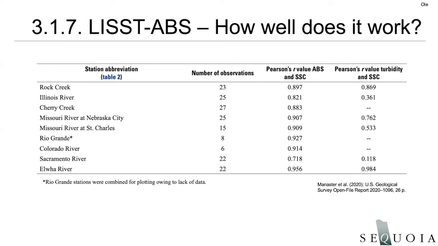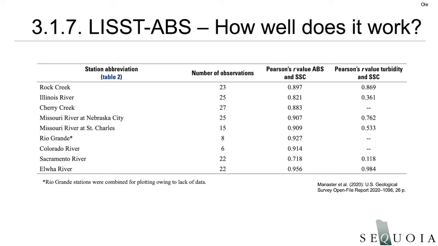And then correlation coefficients were computed between the ABS and the suspended sediment concentration, and between the turbidity and the suspended sediment concentration. If you look at the two columns to the right, which show the correlation coefficient between the ABS and suspended sediment and turbidity and suspended sediment, you can see the ABS does a pretty good job, with correlation coefficients mostly above 0.8, except in one case, Sacramento River.